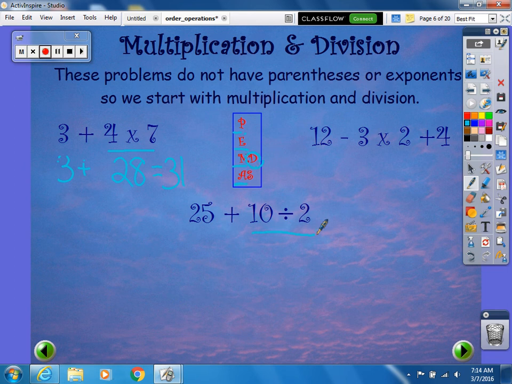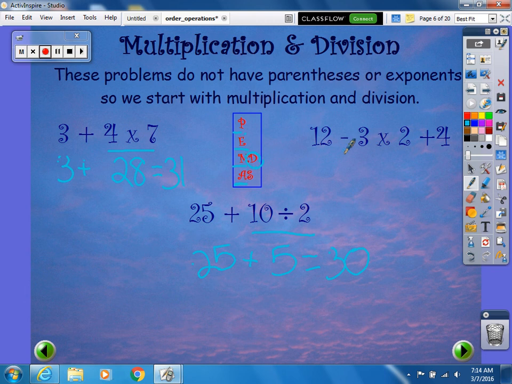What is 10 divided by 2? It's 5. Rewrite your problem with everything else, including the operation symbol. So now we have 25 plus 5. And what do we come up with? Awesome, 30.